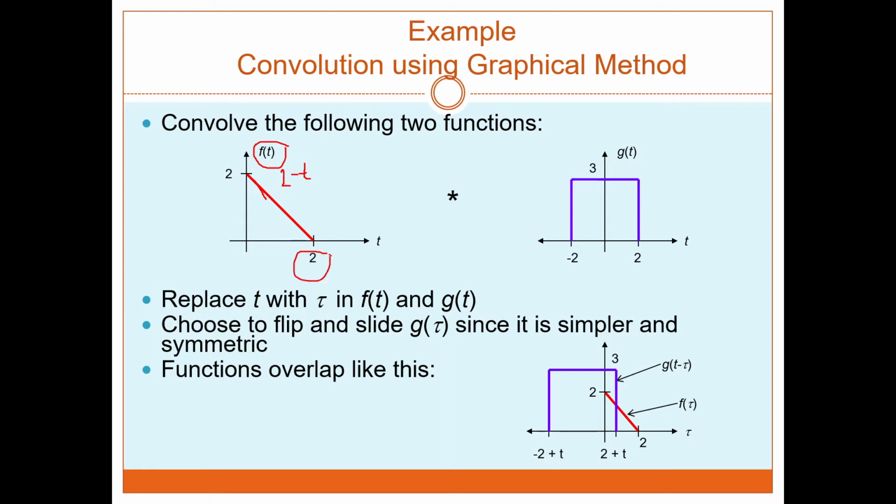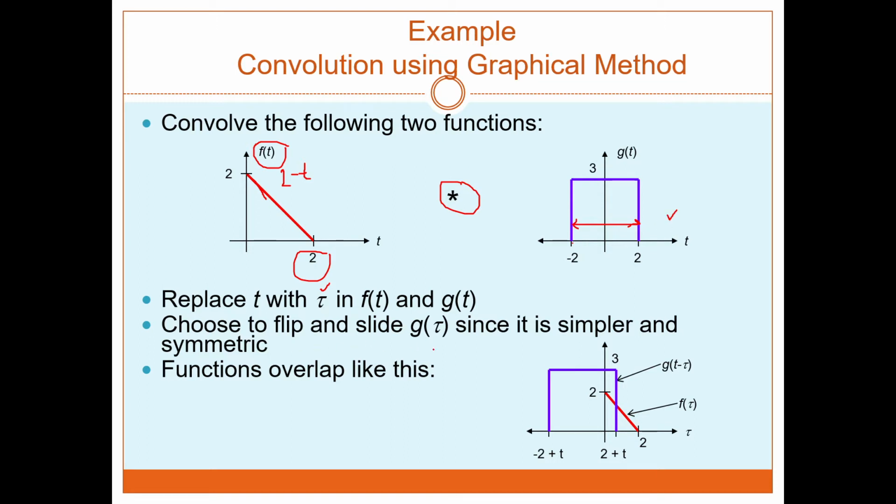And then this is a rectangular pulse with a size of 4. So we want to convolve these two equations. Step 1 is to change the t to tau. Then we choose this one for easier flip and shift.